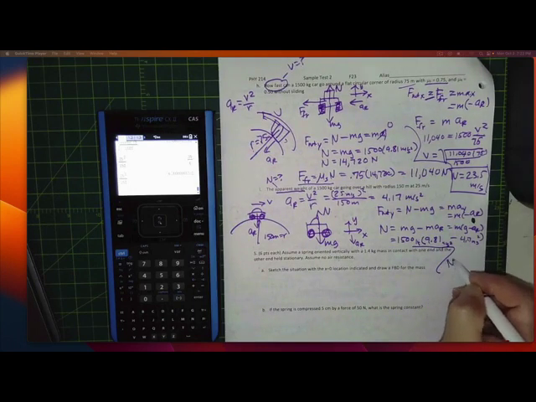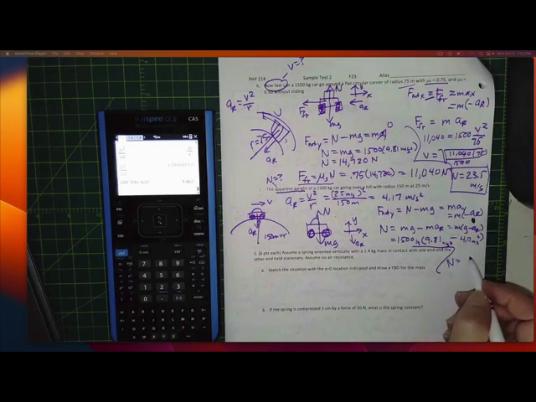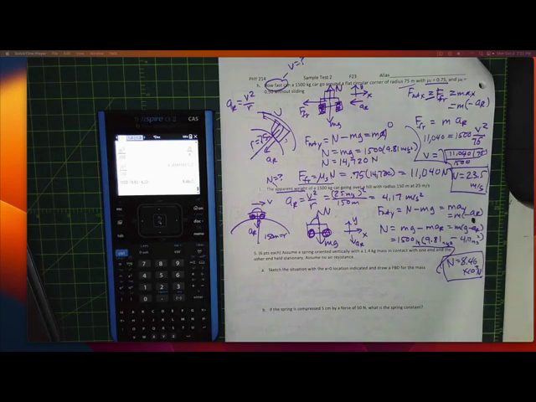So we end up with N equals 8.46 times 10 to the third newtons. 8460 newtons, something along those lines. Yes, that's what I had before. Good.